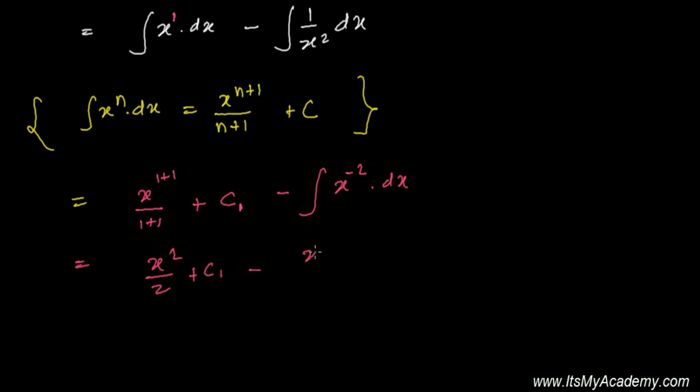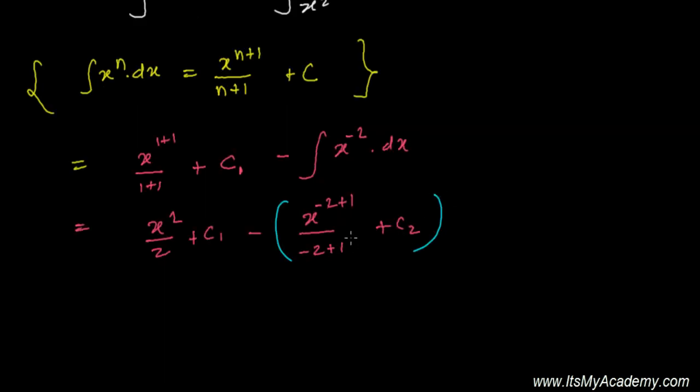It's going to be x to the power minus 2 plus 1 divided by minus 2 plus 1, and again constant 2. These are all inside the bracket, keep in mind, because we're just integrating this part. Now it's x squared over 2 plus c1, and when the minus multiplies, it will be x to the power minus 1, since minus 2 plus 1 is again minus 1, and this minus will multiply and you'll get minus c2.